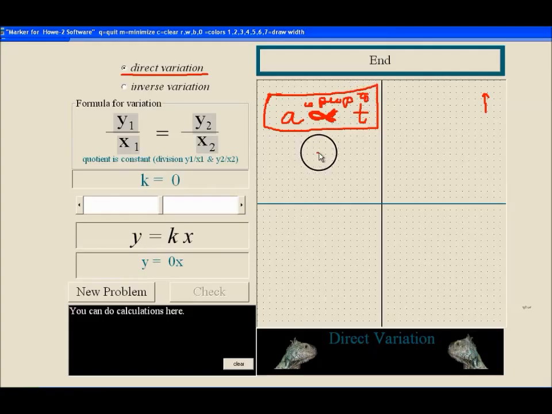You can change that to an equation if you introduce a constant of proportionality. Now we're dealing with direct variation. Now, this is kind of crazy that they spell constant with a K. Who knew? But they like to use K for this constant of proportionality.